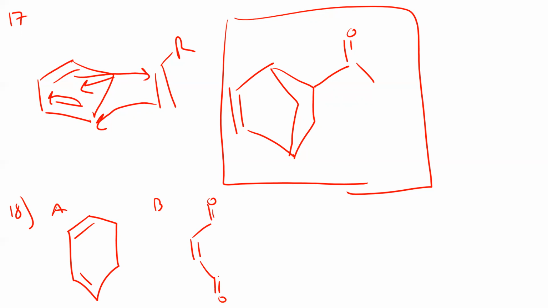Then you can imagine how, I'm going to have to erase this, but this will come in here, this will bump, and you'll get your ring structure. But I don't want to do that because that's not what the answer requires. So you have 17 and 18 done.